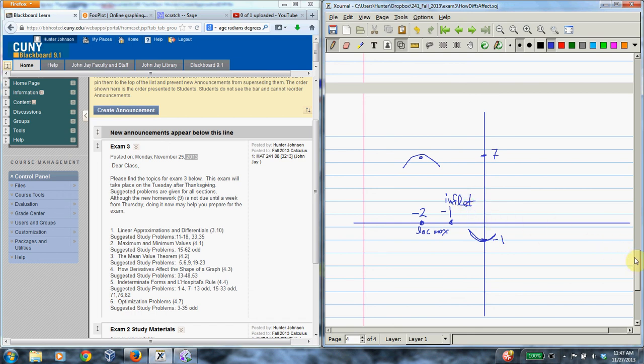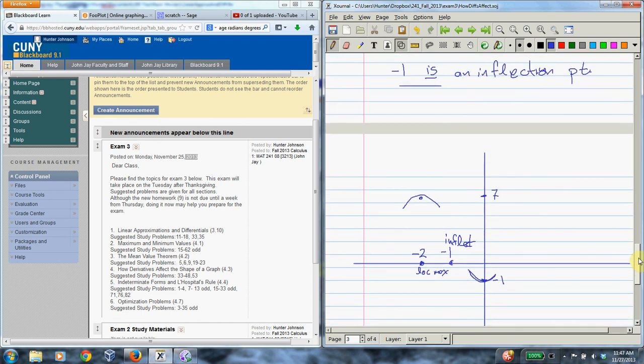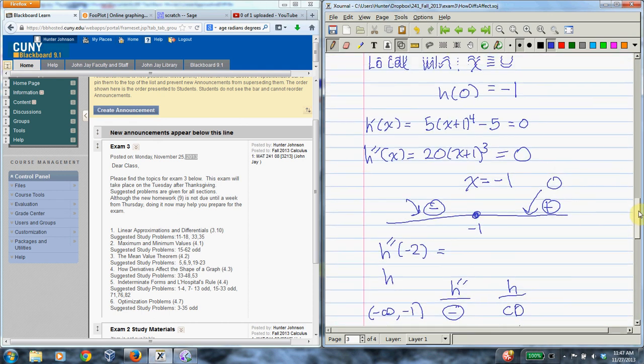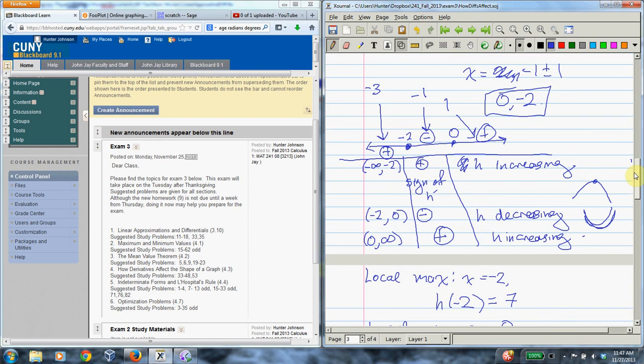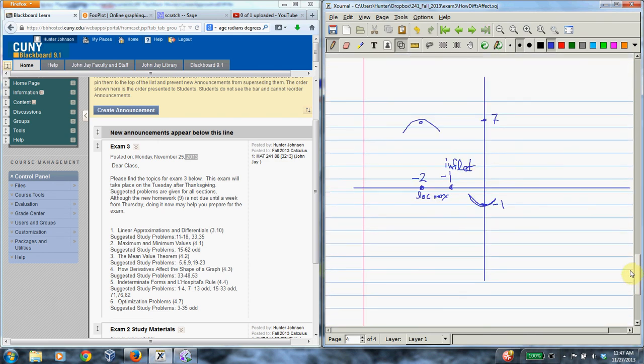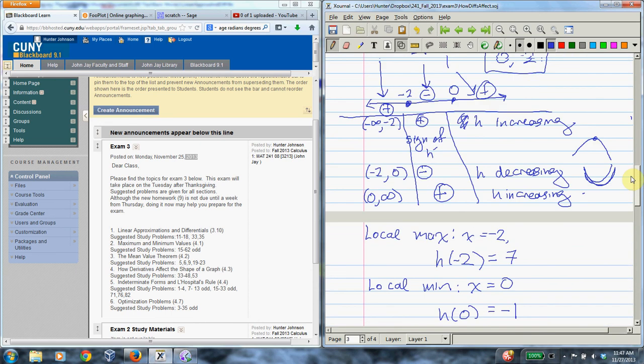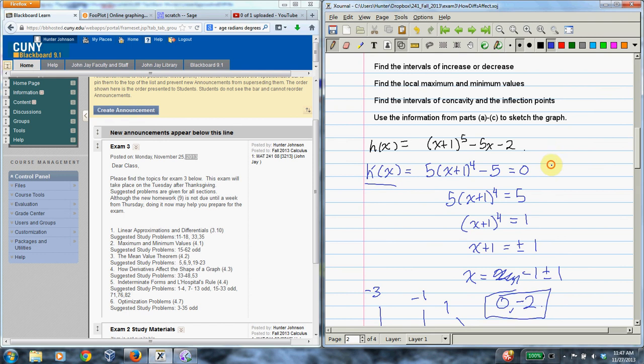So we figured that out right there, right? Remember? And what else do we know? Not much. That's enough to draw a good picture. We know that it's increasing from -infinity to -2. Okay, so it's increasing that whole time. Also, I know that it's a 5th degree polynomial with a positive leading coefficient, which means that its general shape is like this.